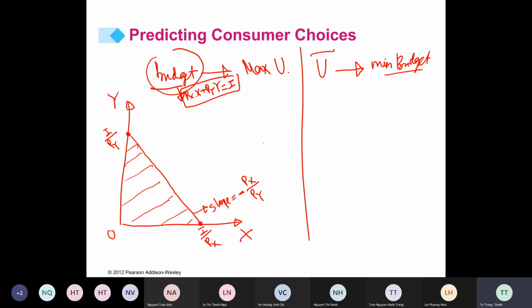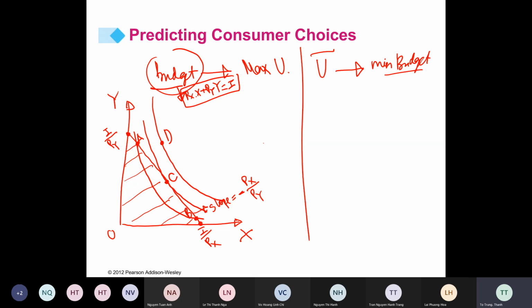I will draw three typical indifference curves illustrating three levels of satisfaction. One is above, one is tangent, and one crosses the affordable area. So let's say I have some points, point A, point B, point C, and point D, let's say.